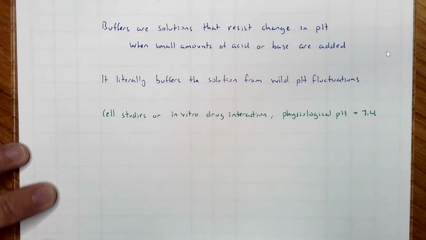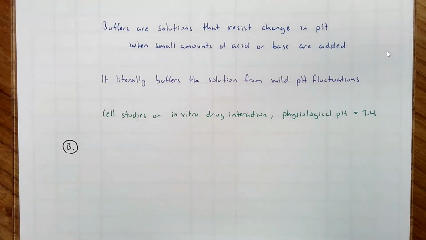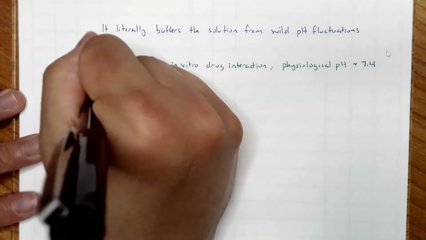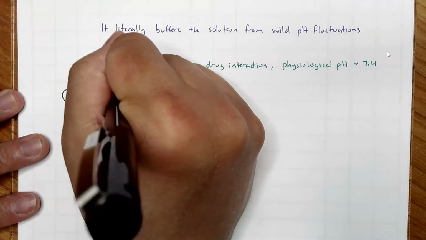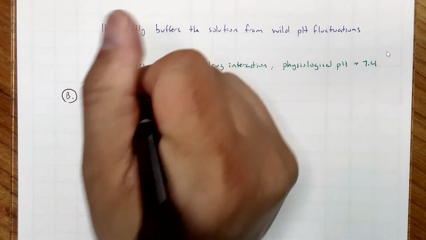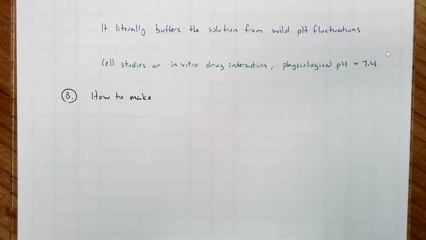All right, part B. How to make them. You're going to mix a solution of a weak acid with its conjugate base.